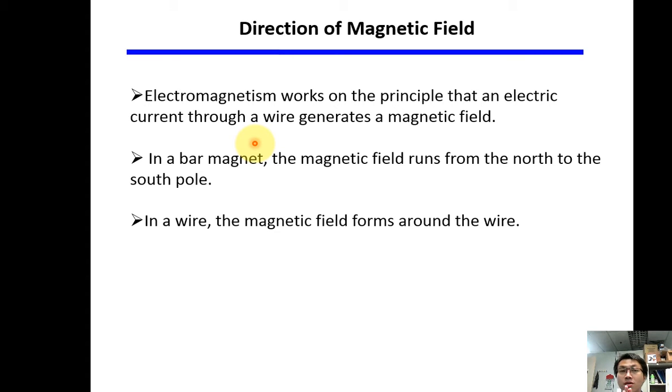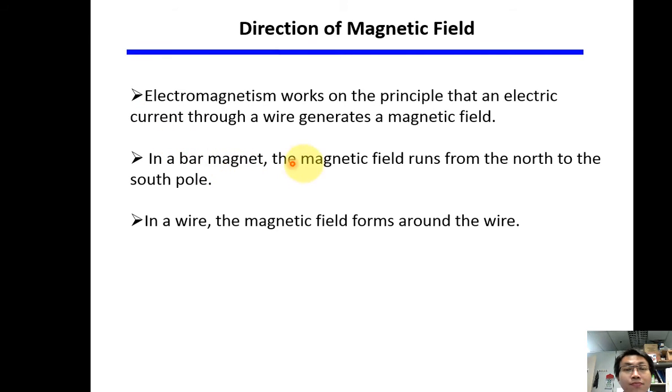From the word itself, we know it is an electromagnet: we change the electrical side to the magnetic side, or the magnetic side to the electrical side. That's why electromagnetism works on the principle that an electric current flowing through the wire can generate a magnetic field.